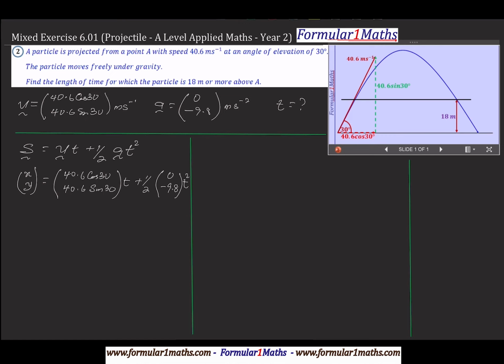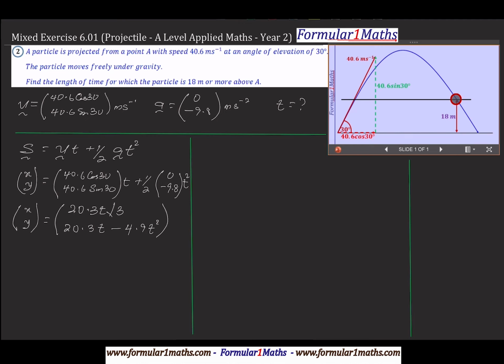If I simplify this, I'm going to get (x, y) equals 20.3 root 3 t for the horizontal, and 20.3 t minus 4.9 t squared for the vertical.